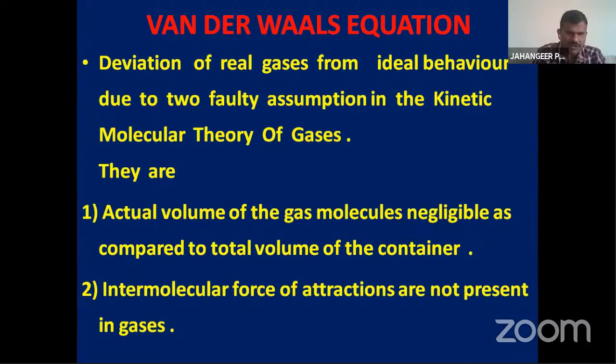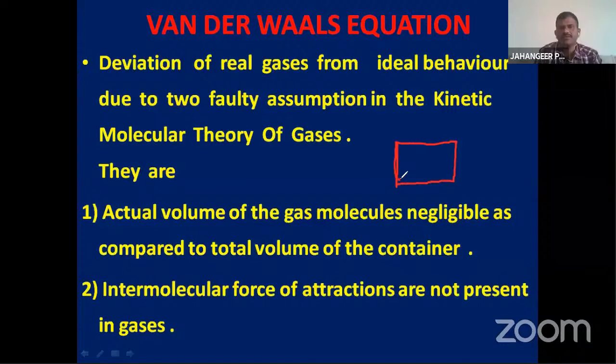The first postulate is that the actual volume of the gas molecules is negligible compared to the total volume of the container. For example, this is a container, and in this container gas molecules are present.